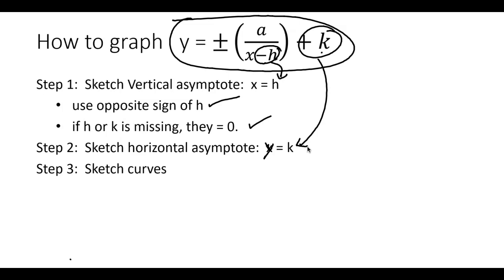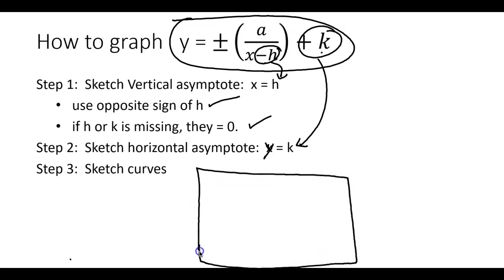Now I'm going to show you two different curves that we're going to look at here. You guys should draw this on your paper. If you have a positive in the front of your a over x minus h, then it's going to look like what we had before.